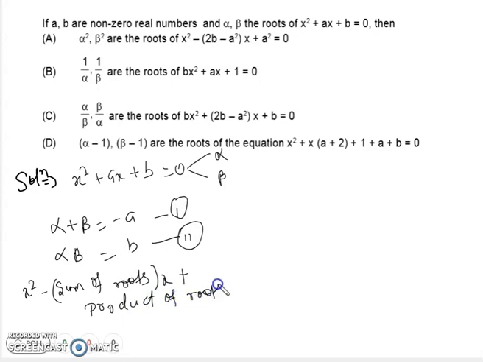Are you getting my points, guys? So this is the general form. According to the first option, alpha square and beta square are the roots of this equation. So we have to check whether this option is correct or incorrect, guys, right?